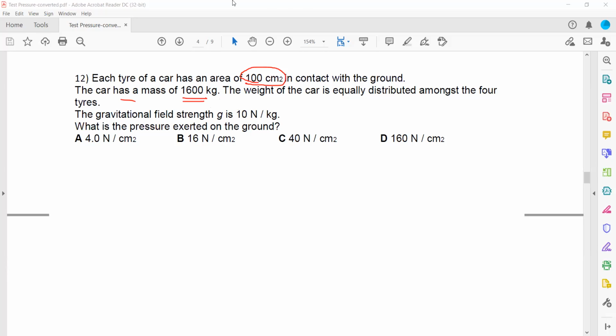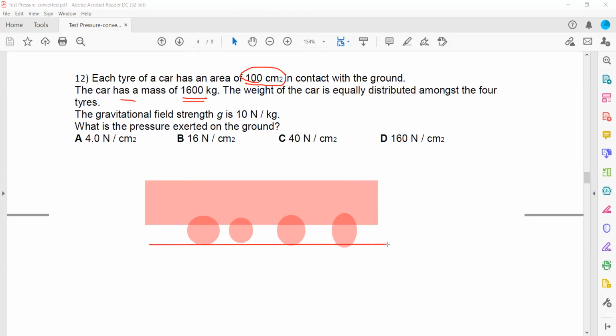Because for a car there are 4 tires, and the area of each tire which is in contact with the ground is 100 centimeters square, so this is 100 centimeters square, 100 centimeters square, 100 centimeters square and 100 centimeters square.